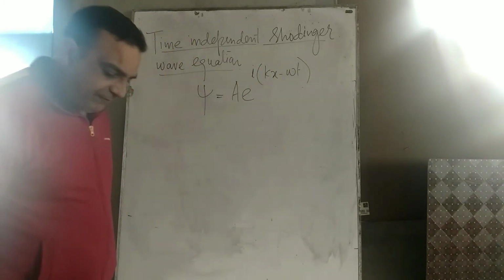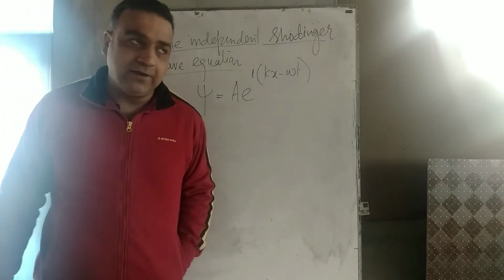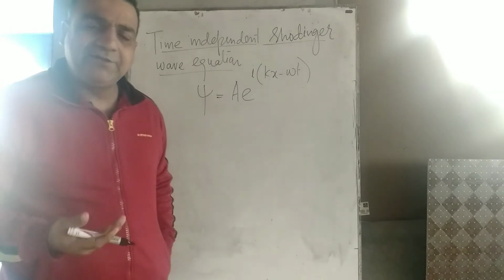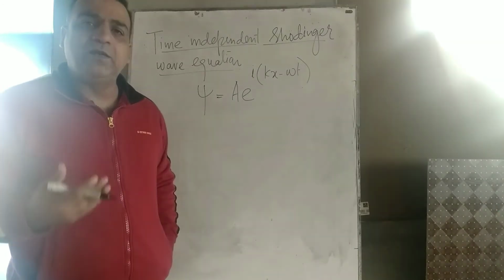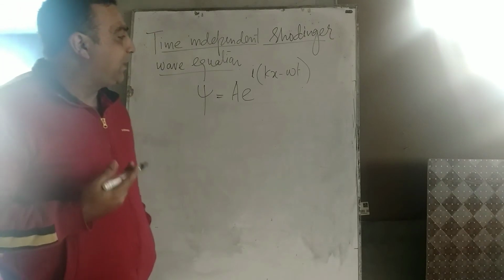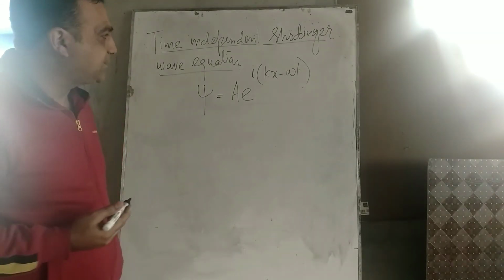So this is a wave function that we are assigning for a free particle. This particle is not subjected to any kind of external constraint, and this particle is moving along the positive direction of x.